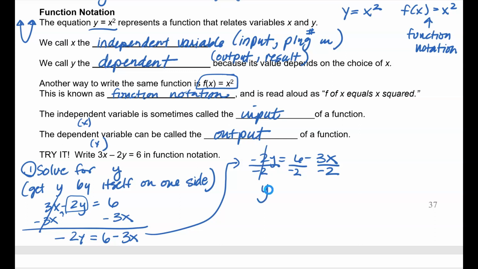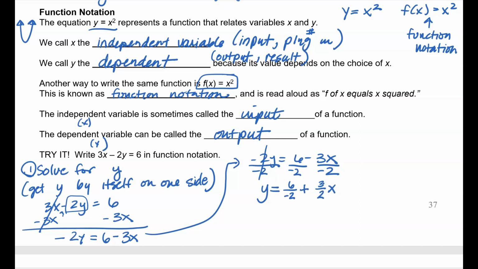So 1y I can just write as y equals 6 divided by negative 2. So 6 divided by negative 2, a minus and a minus here turn out to be a plus. So we could write that as plus 3 halves, and then the x just comes along for the ride.